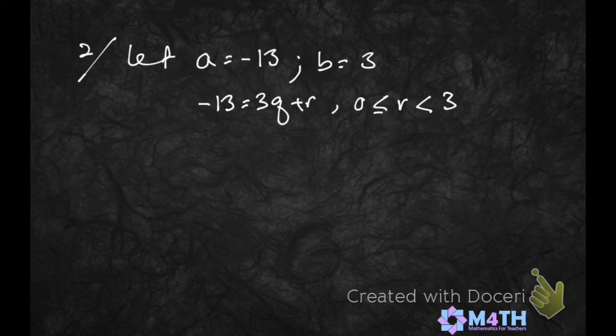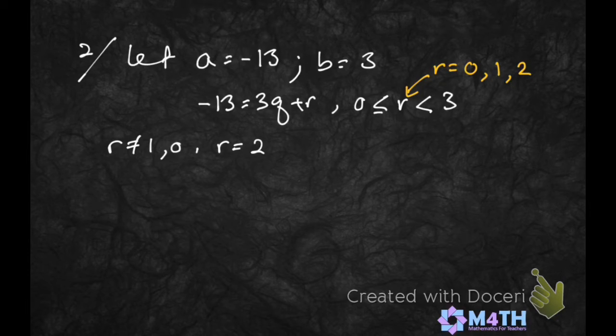The possible values of r could be 0, 1 or 2. You can try each of these values, and you will see that r is not 0 or 1, but r equals 2.